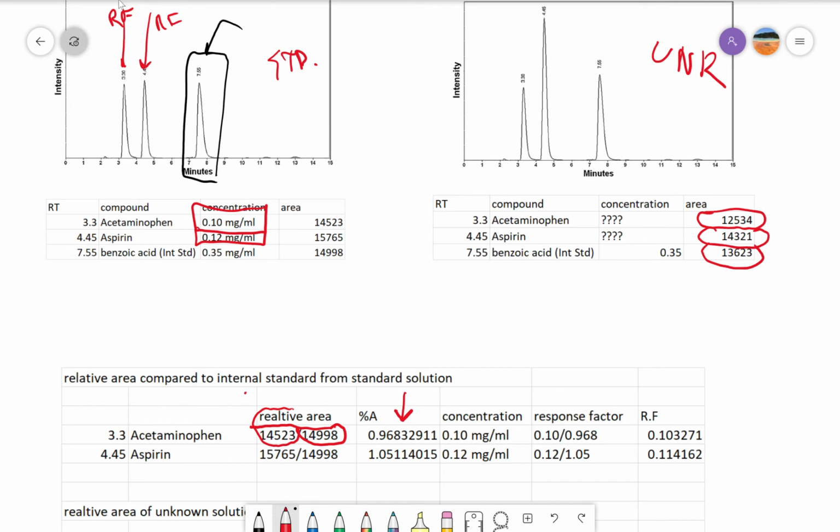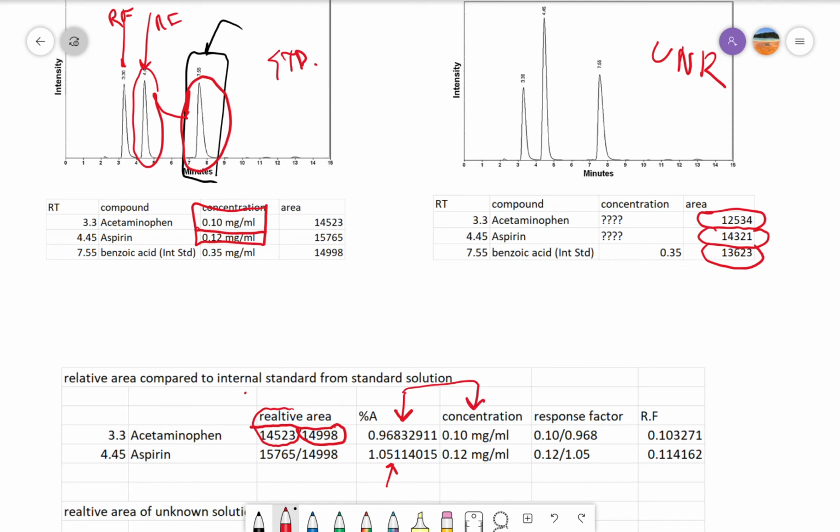We do that for both the acetaminophen and the aspirin. So here we know what is the relative area of this compared to that. This will be the area that we use. Rather than using the absolute areas, we are going to use the relative areas as a measure of concentration.